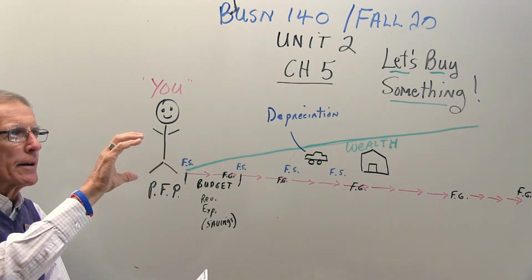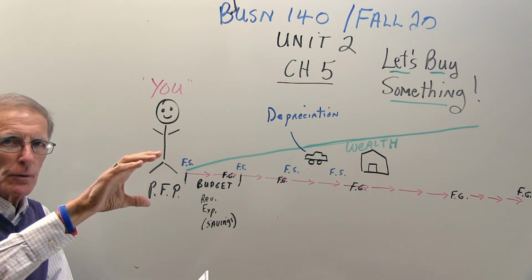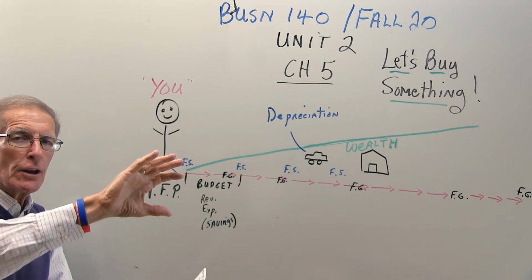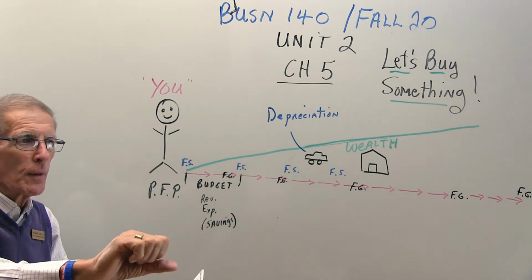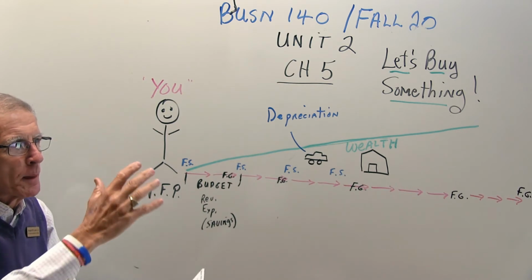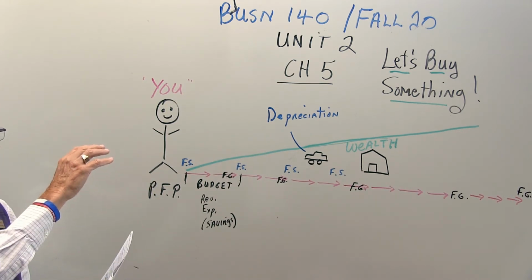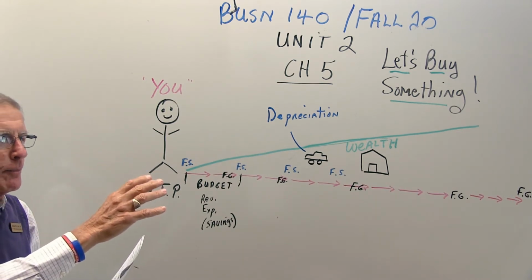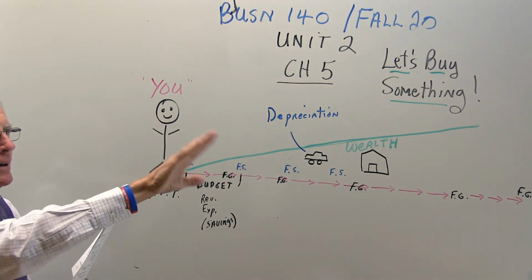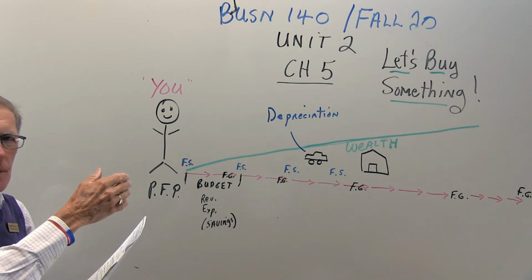If you're paying an $800 a month house note, a lot of that $800 is going to pay the interest as well as the principal. So if I borrow $200,000 and I'm paying $800 a month over 30 years, I'm going to end up paying more money in interest than I did in principal.